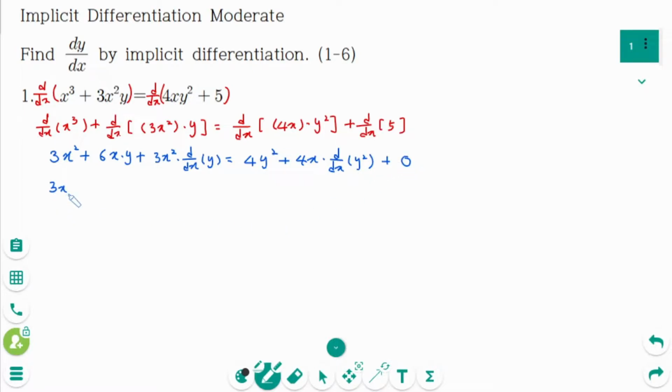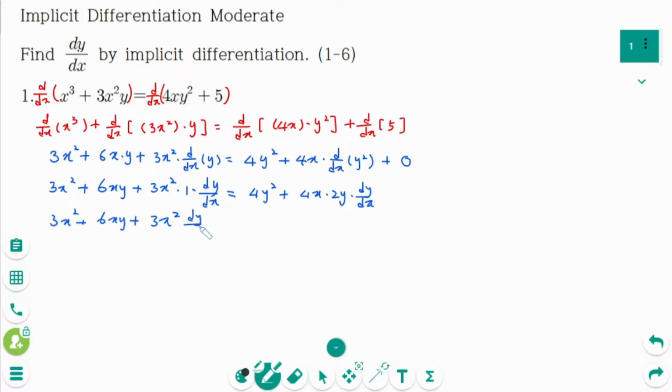Then 3x squared plus 6xy plus 3x squared times d/dx of y means 1 times dy/dx equals 4y squared plus 4x times 2y times dy/dx. 3x squared plus 6xy plus 3x squared dy/dx equals 4y squared plus 8xy dy/dx.